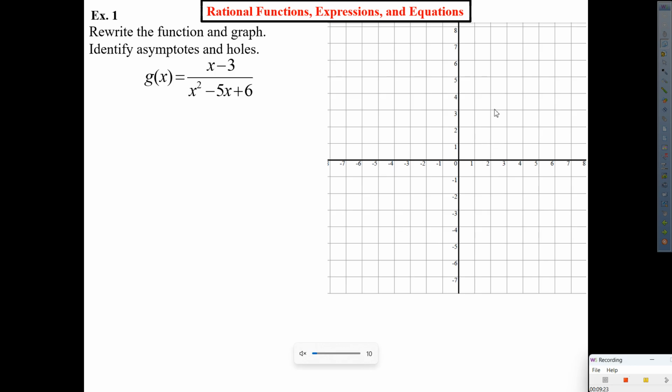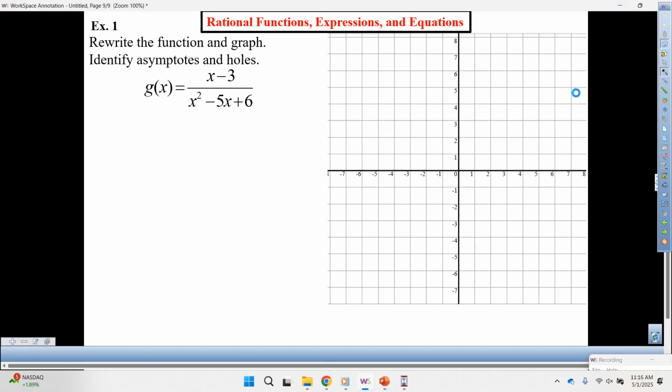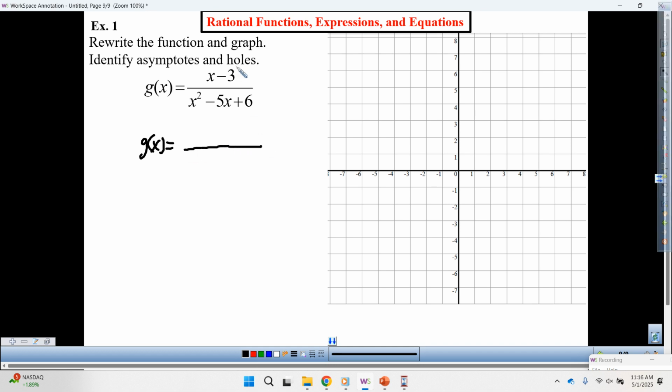Y'all ready? Step 1, look up to the screen and follow along. Step 1 is this. I'm not going to say anything. You should know what I do. Before you copy it, look up first. Copy that. And tell your neighbor one word.